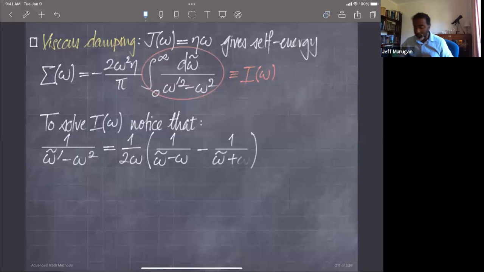And you can check immediately that when you add those two fractions up, you get the fraction on the left-hand side.